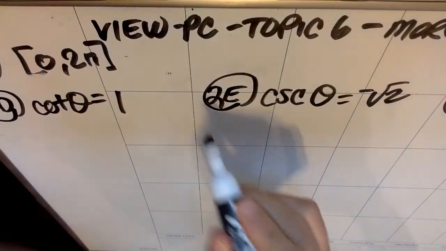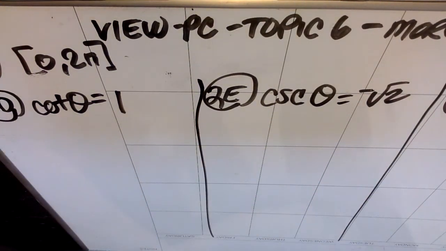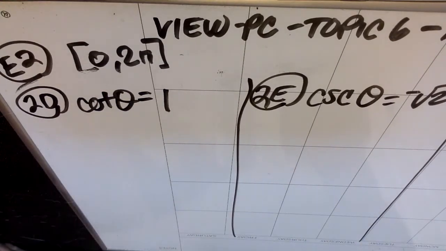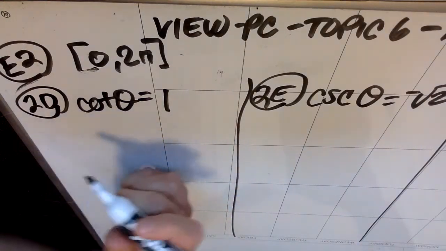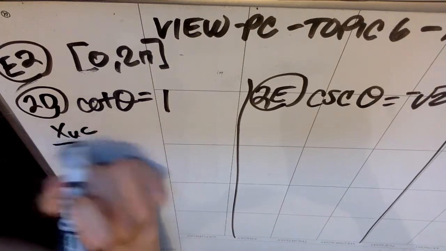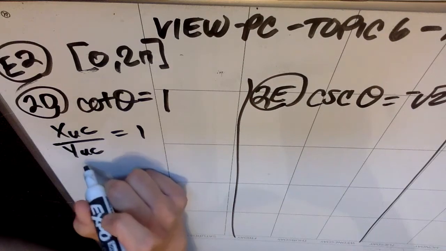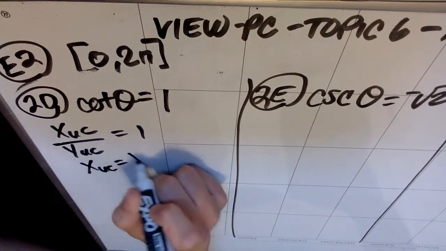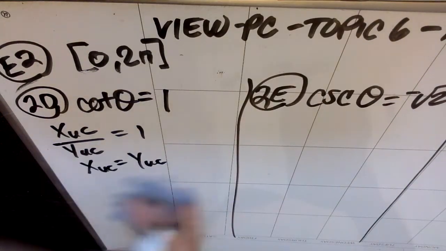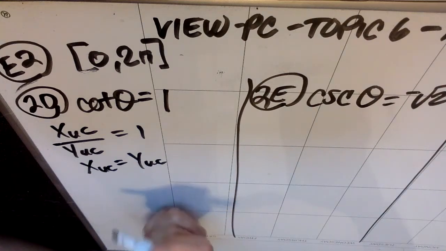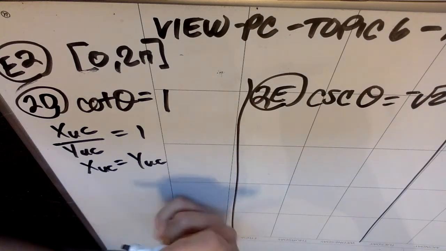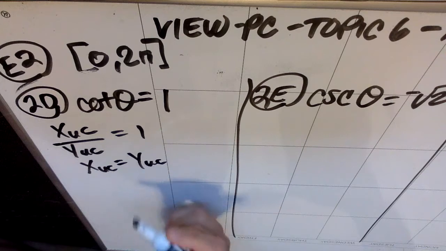Okay, so I'm going to argue that the hardest ones we did were actually 2b and 2c because they required a lot more of a mental leap. So let's start with 2d. Cotangent is the x on the unit circle on top of the y on the unit circle, and it's supposed to equal 1. If you multiply your y over, you're going to get the x on the unit circle is the same as the y on the unit circle, literally the exact same point. Well, the only places on the unit circle where the x and y have the same coordinates are the pi over 4s.